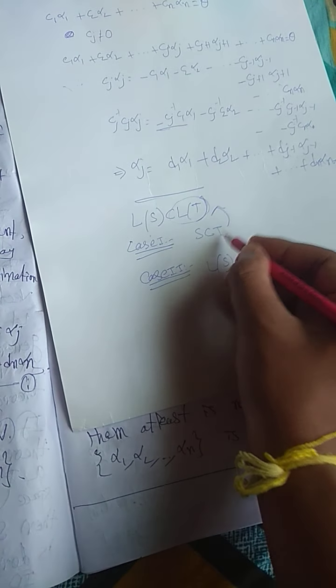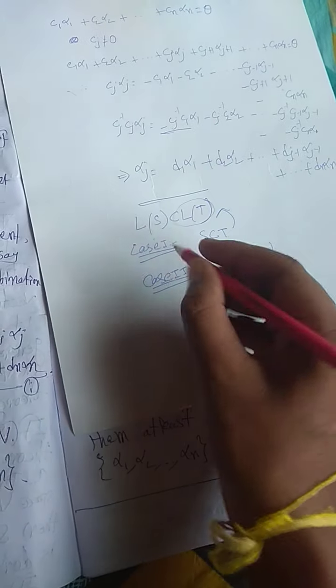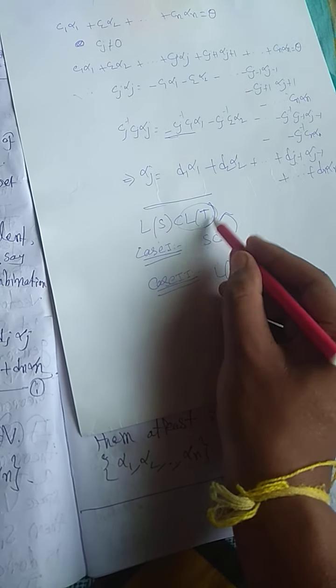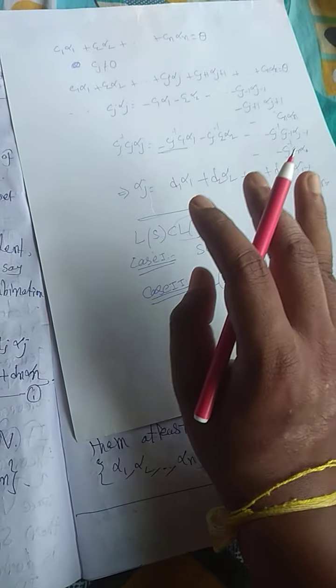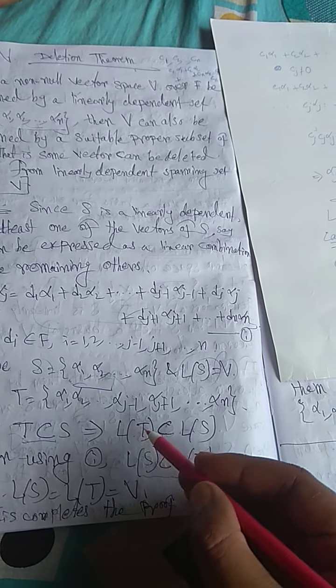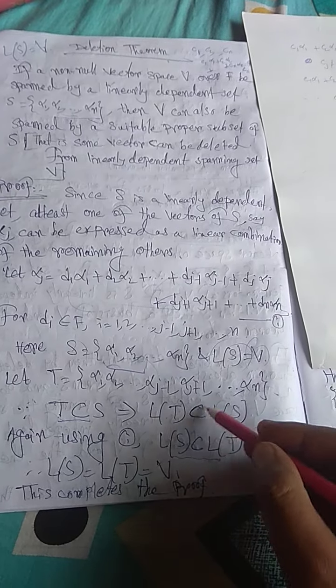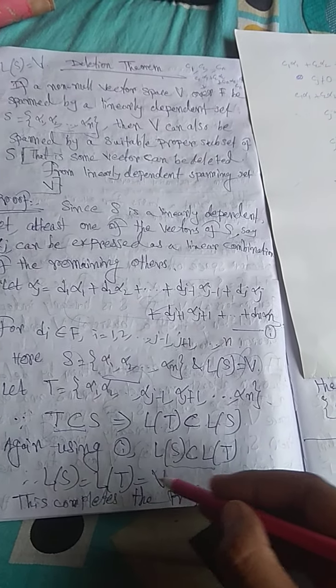If S is a subset of T, then this will hold. If a vector of S is a linear combination of vectors of T, then also this will hold. So LT is a subset of LS and again LS is a subset of LT, these two together imply LS equals LT.